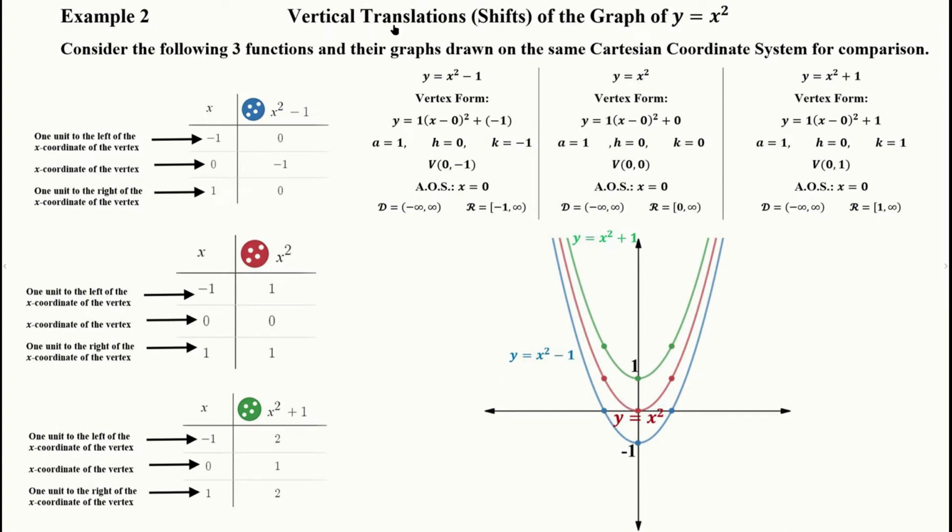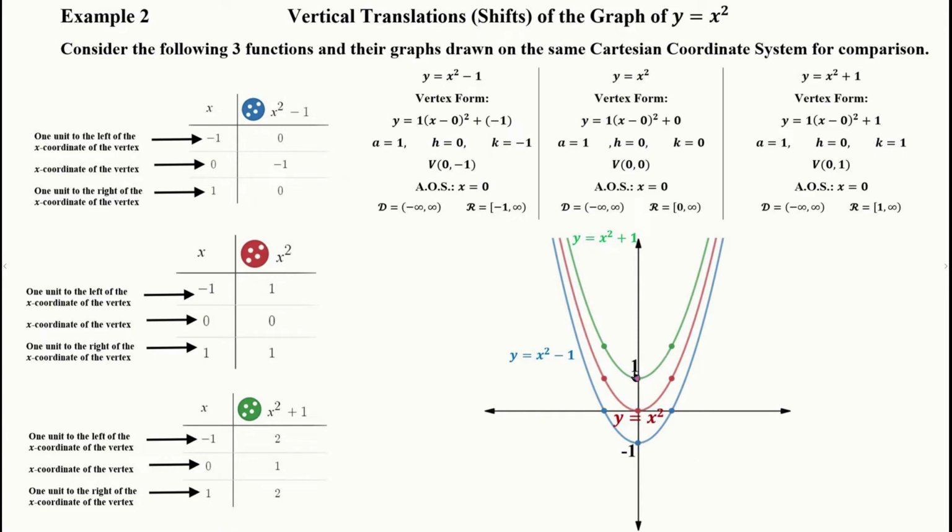Now we'll take a look at some vertical translations or shifts of the graph of y equals x squared. Remember, starting with y equals x squared, which is shown here in red, you want to graph y equals x squared plus 1. You're just going to add 1 to all y values, so you're going to just pull the graph up 1 unit. For x squared minus 1, you're just going to pull the graph down 1 unit.